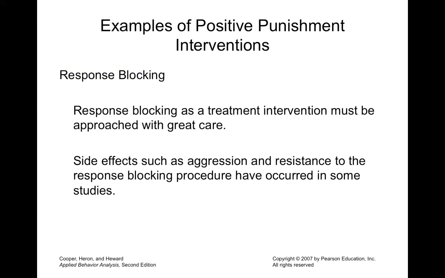However, in real life, if you want to use response blocking as your intervention strategy, you must use this with great care because this can result in some side effects like emotional harm and many other side effects.